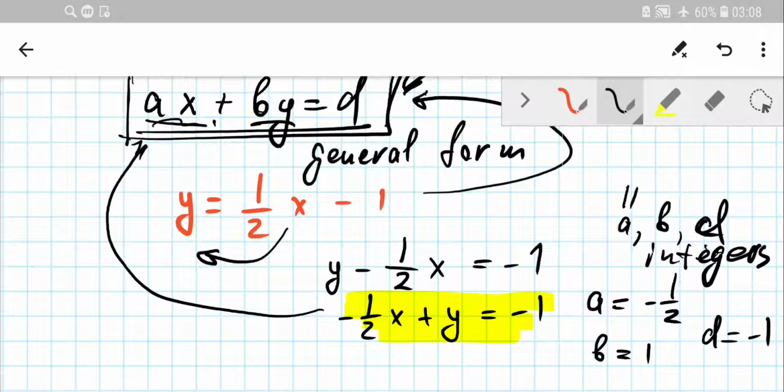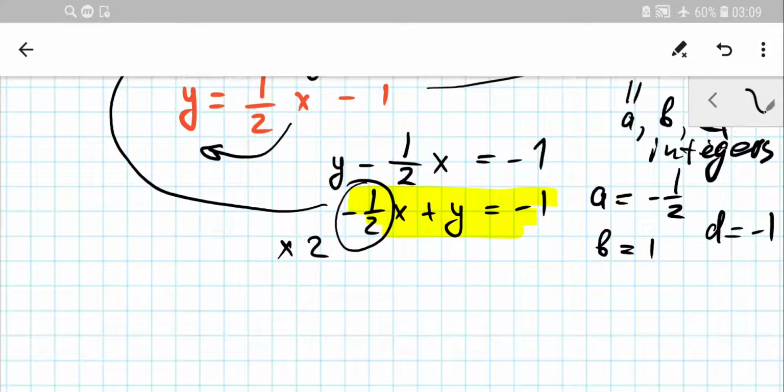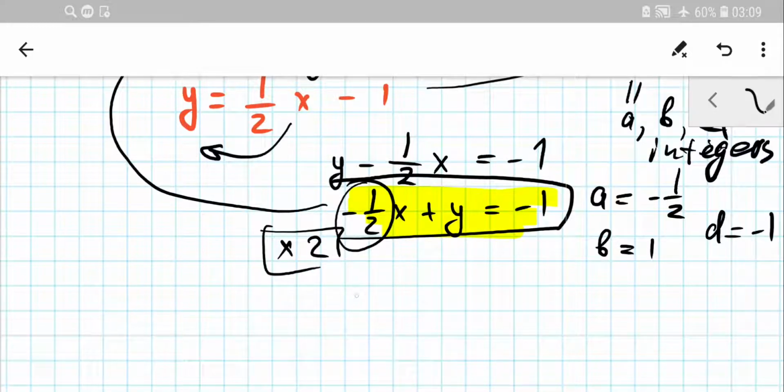Positive, negative, or 0, for example plus or minus 1, plus or minus 2, and so on. Because here you have a fractional number, it's highly recommended to multiply the whole equation by 2 in order to get whole coefficients. What will happen if we multiply the whole formula by 2? We'll have minus x plus 2y equals negative 2.